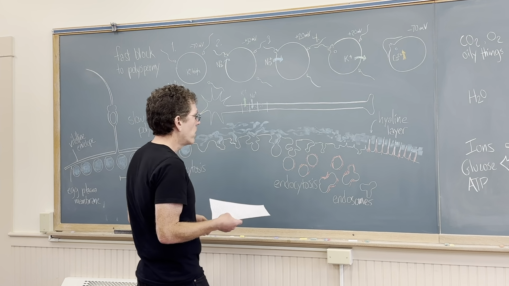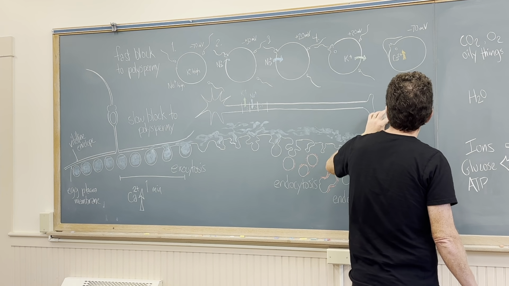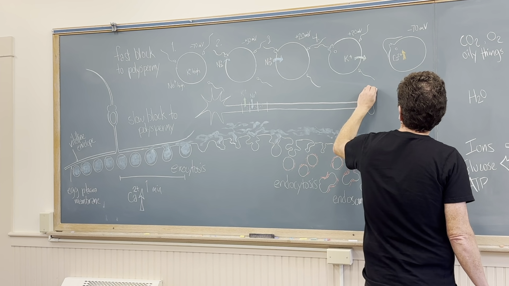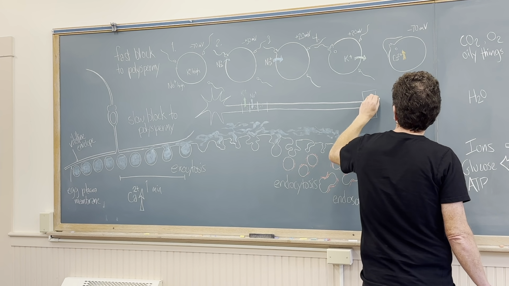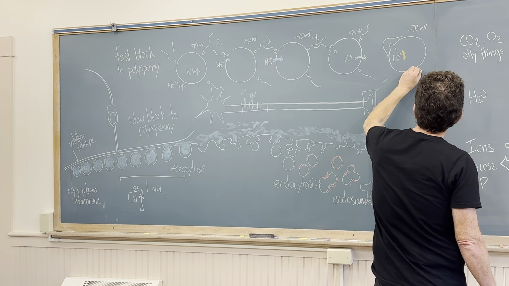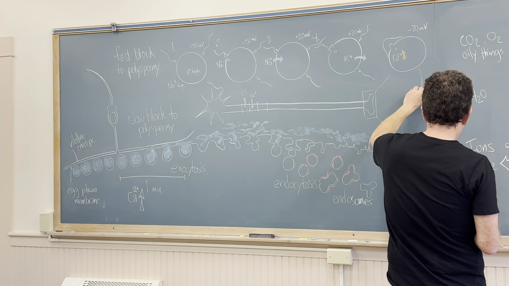Well, once it gets to the nerve terminal, guess what happens down here? Well, if I magnify this a little bit, it looks strikingly similar to what I drew in the egg.